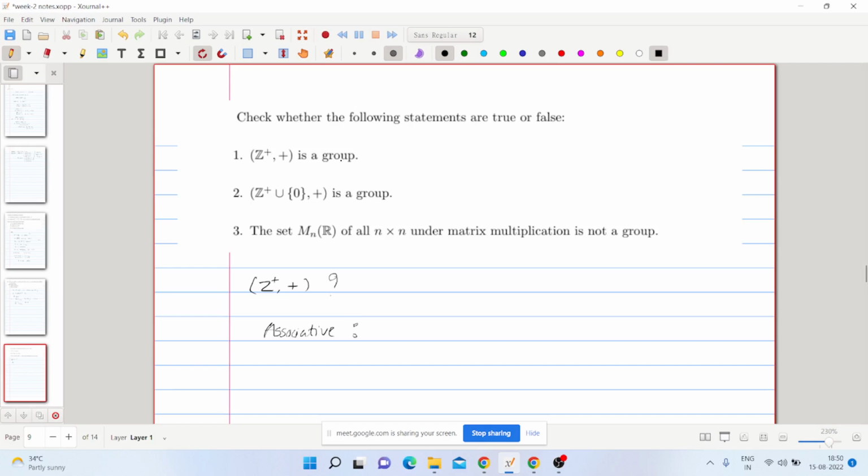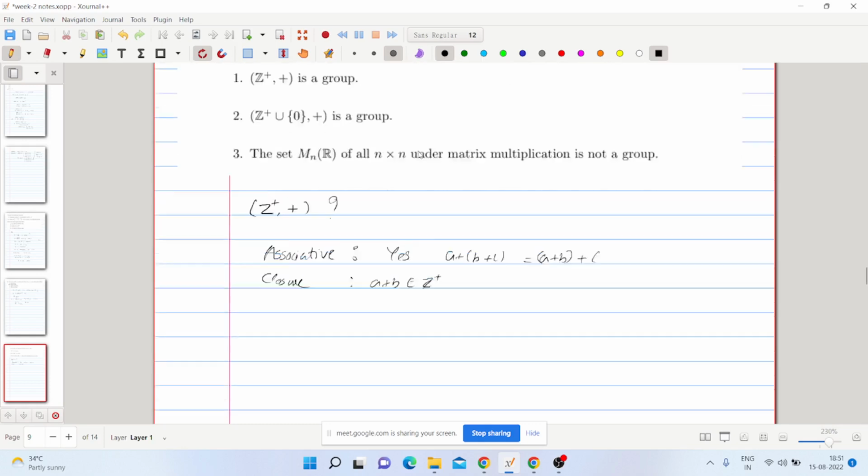Does it satisfy the associativity property? Yes, associativity is satisfied because it is the usual addition. So (a plus b) plus c will be a plus (b plus c). And the closure property is also satisfied, right? Any a plus b belongs to Z plus. If a and b are positive integers, a plus b will be a positive integer.